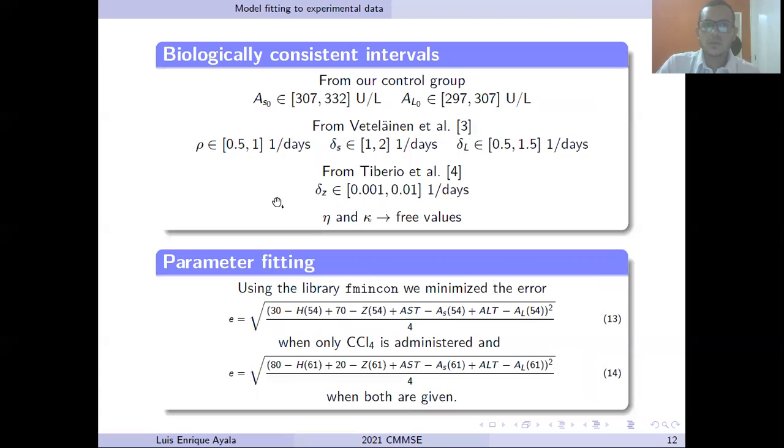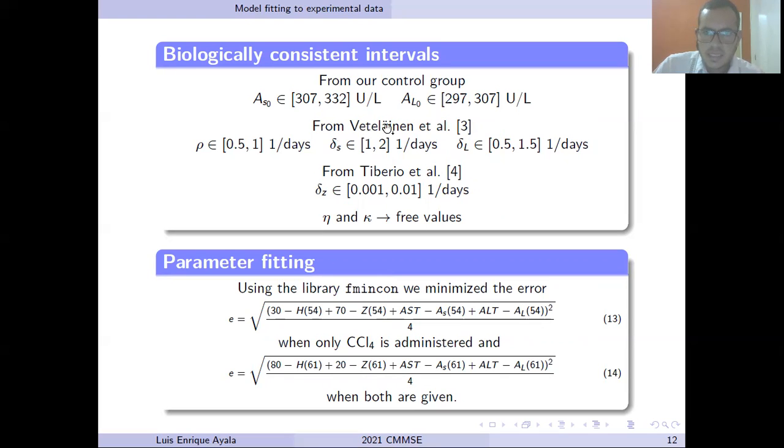We try to define biologically consistent intervals. From our control group, we can define this interval. That is, this was the AST concentration, the lowest, and this was the highest, and the same with ALT concentrations.